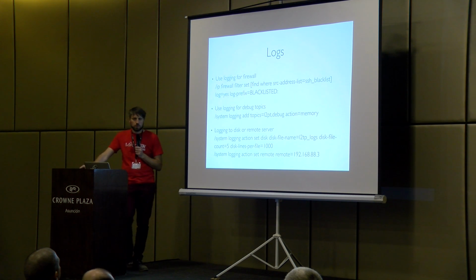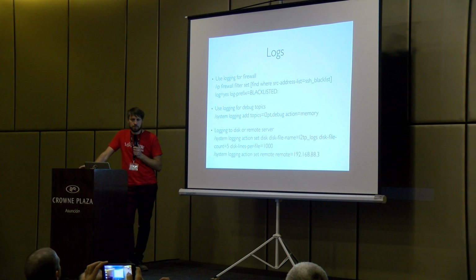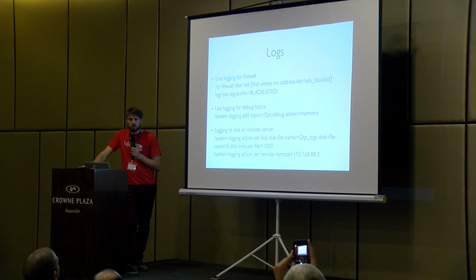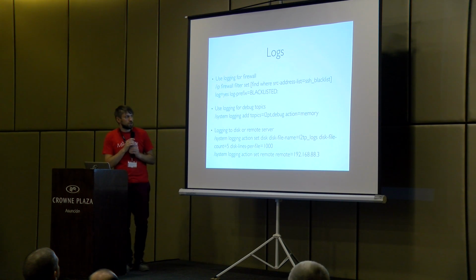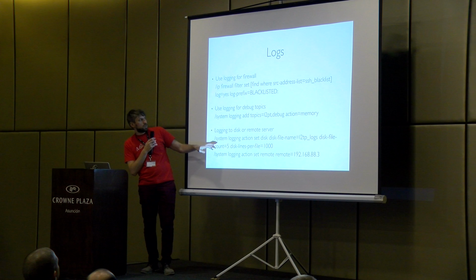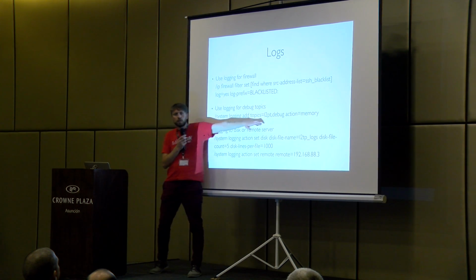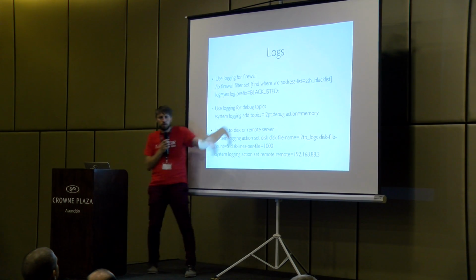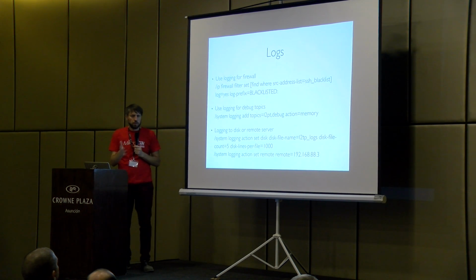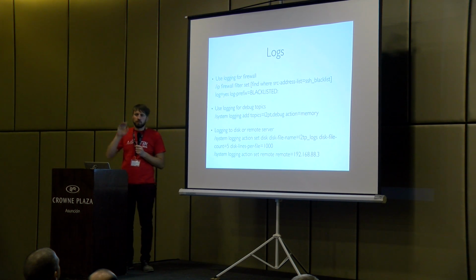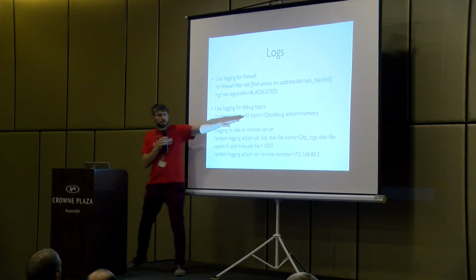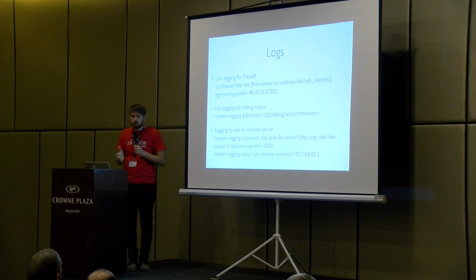But if you have problems with a specific part of your router's device, you can use the topic debug, and then select route, DHCP, or the topic you have problems with, and you can see what is going on. It will have much more detailed information about the problems on the device. If it's wireless, you put wireless debug, and you will see what is going on.